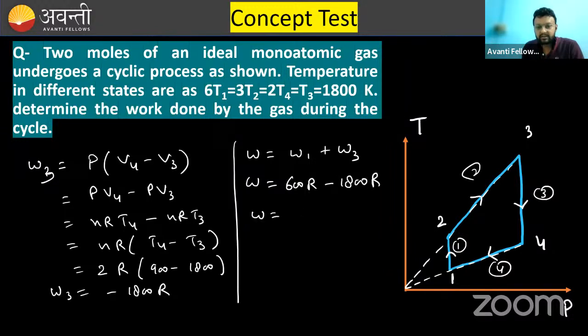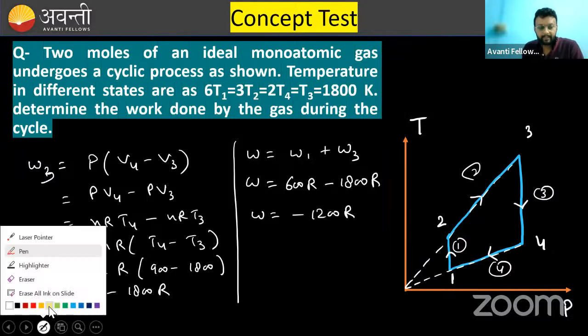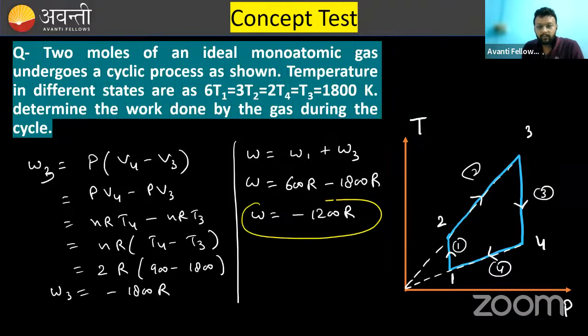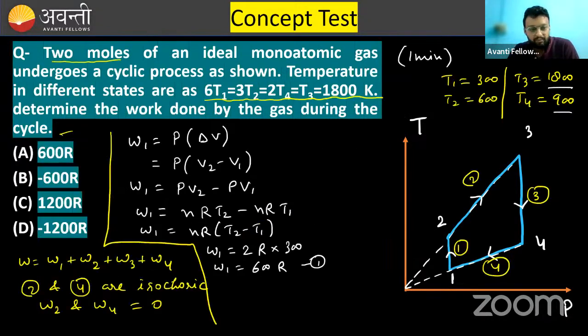So the right answer is minus 1200R. Minus 1200R, which is the option? Minus 1200R is option D.